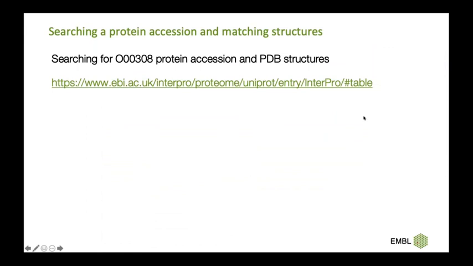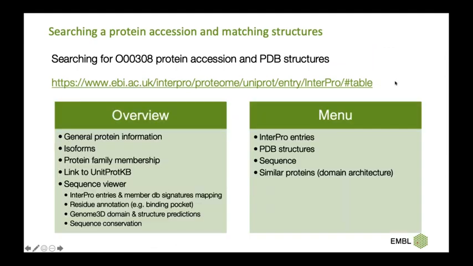So to summarize, on a protein page, you have general information about the protein. You can also choose to display the different isoforms in the sequence viewer. We have information about the protein family membership, a link to the UniProt database. And from the sequence viewer, we have similar information to that available as a result of the InterProScan sequence search, on the InterPro entries and member databases matching this particular protein.